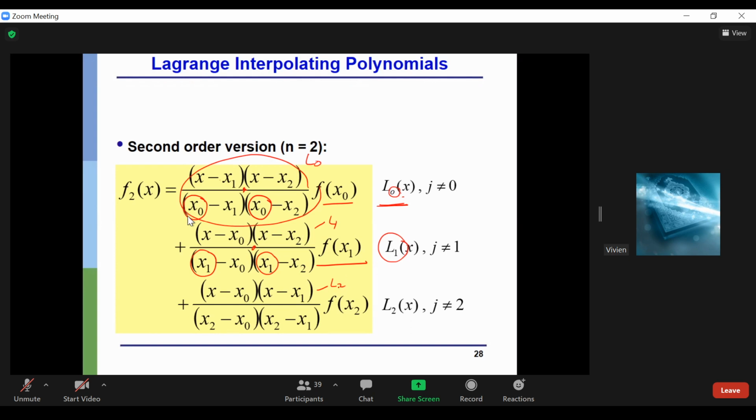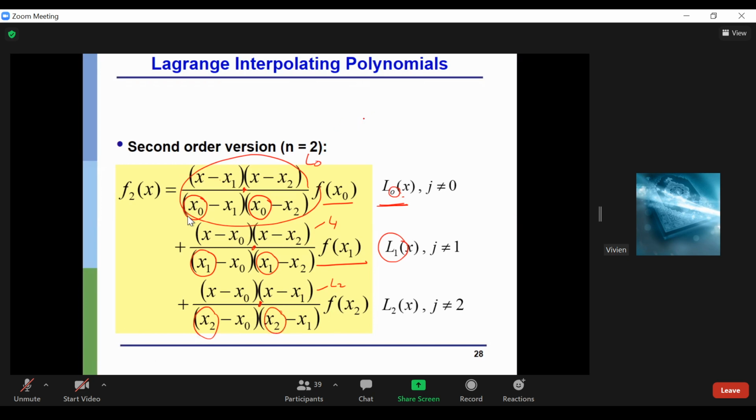And for L2, we have (x minus x0) over (x2 minus x0) multiplied by (x minus x1) over (x2 minus x1). So you can see the pattern here.